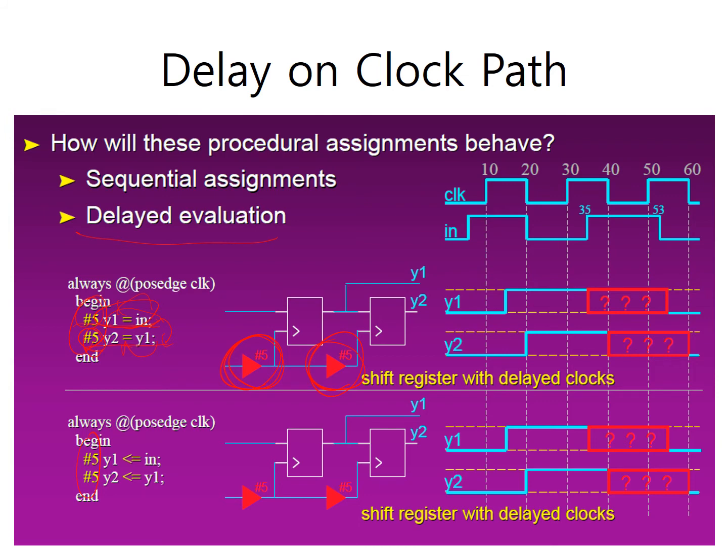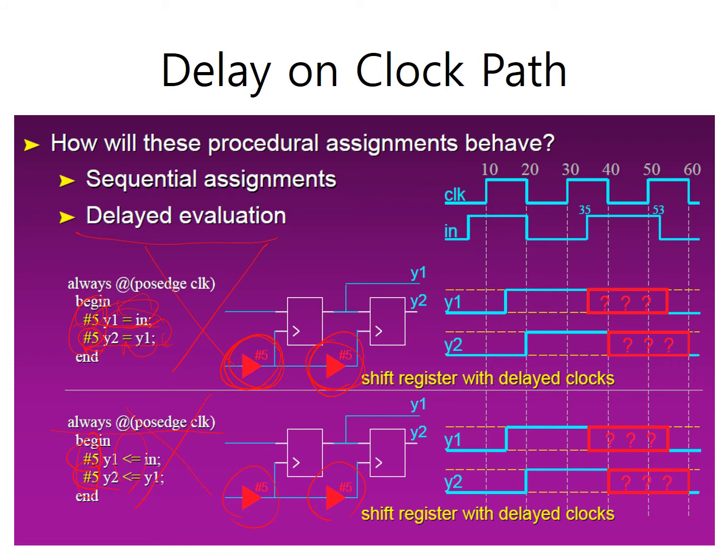If this is the case, then what we assume for the flip-flop sequential logic operation will be violated. So we don't want to specify it like that. And for the non-blocking statement as well, if you put a delay at the front, that will be equivalent to a delay on the clock path. So that is also not what we want, right? We should not use that kind of evaluation.